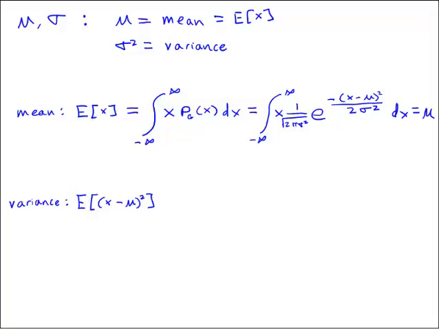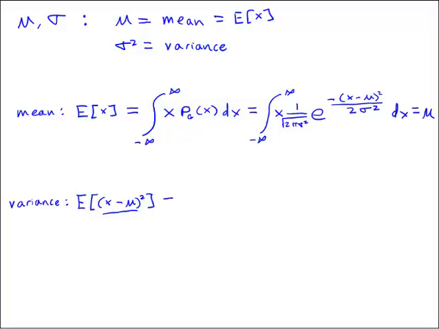So if most of the samples from that random number generator are very near the mean, this quantity inside the brackets will be close to 0 and will have a small variance. If the samples are far away from the mean, that value will be large on average, so we will have a large variance.